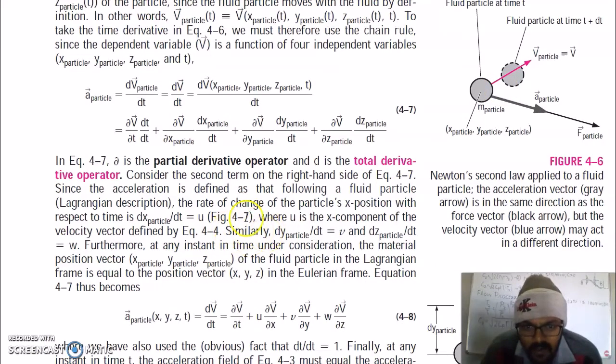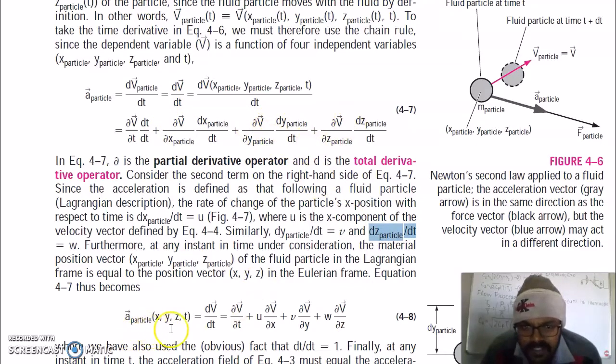Now the rate of change of the particle's x position with respect to time, that is dx particle by dt, we can write as u. dy particle by dt we can write as v, and dz particle by dt we can write as w. So you can replace here u, v, w.